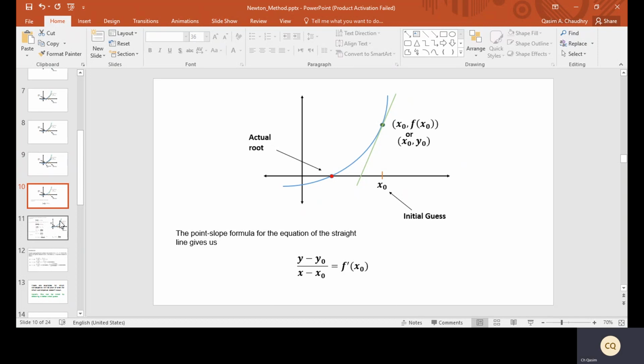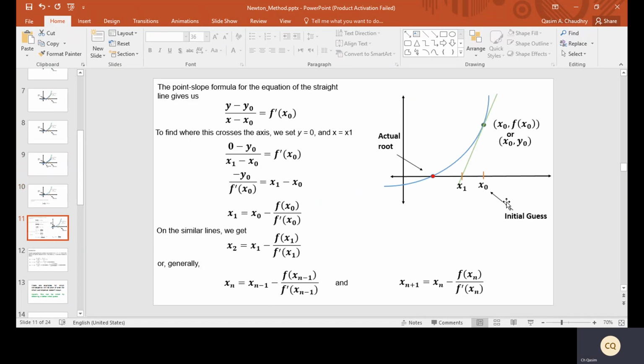तो बेटा उसके बाद नेक्स्ट स्टेप क्या है आपका? So now what we are going to do is that we have this tangent line here, and this tangent line now cuts the x-axis at x1.